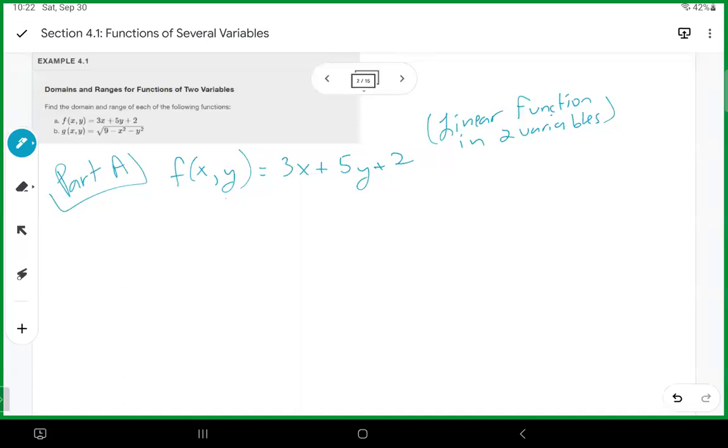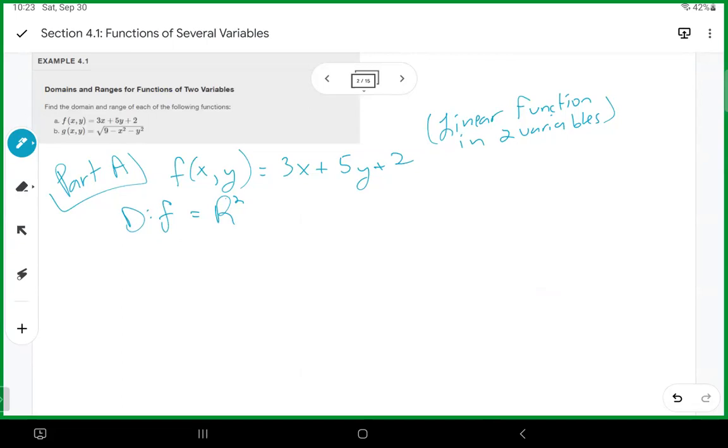So the domain of f is R squared. To determine the range, we first pick a value for z.